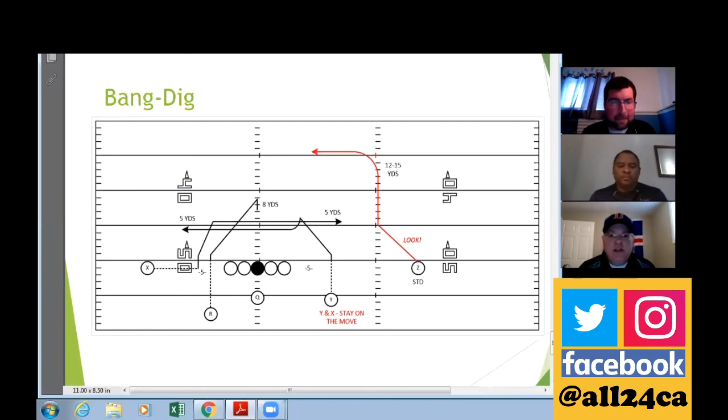Okay, so this is just one route to build into other stuff that's going on that I really enjoy, something that I've just learned in the last couple months, and a way to build in a hot here. So inside, we've got a fence going on here. It could be anything with short in-breaking routes inside of it. One of the favorite ones that we've got is a protection where that slot actually puts one hand on the D end, just touches him, and then continues on his under, and the wide out outside runs one of these bang digs.